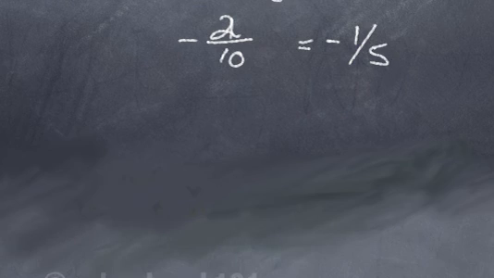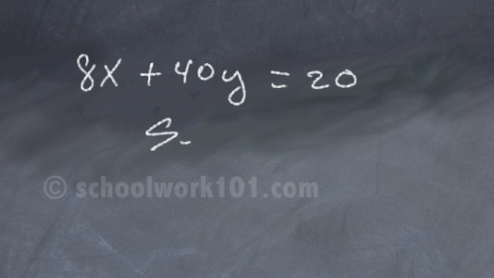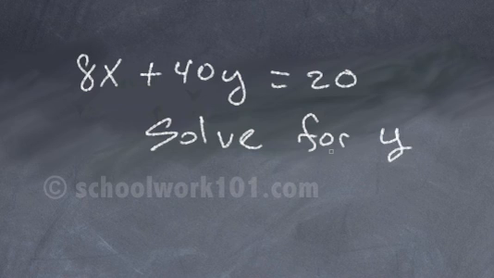Let's just do that. So if I have 8x plus 40y is equal to 20, I'm going to solve for y.